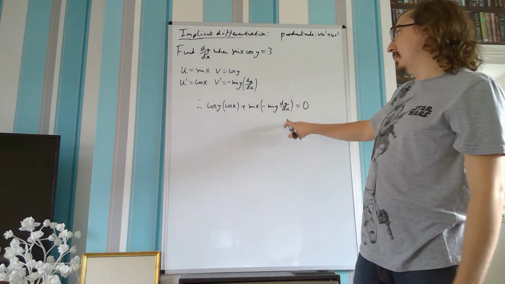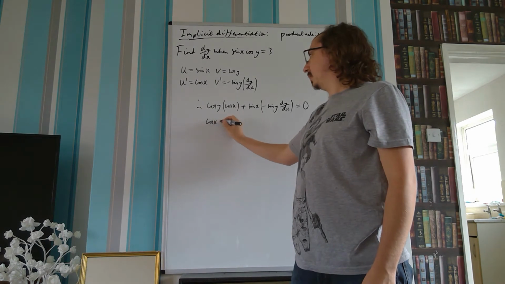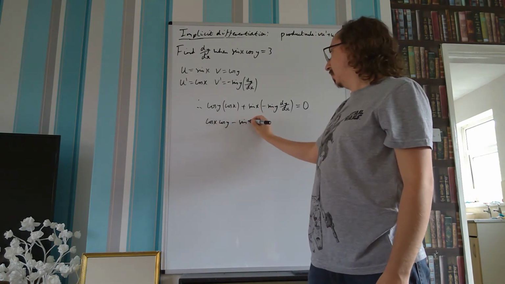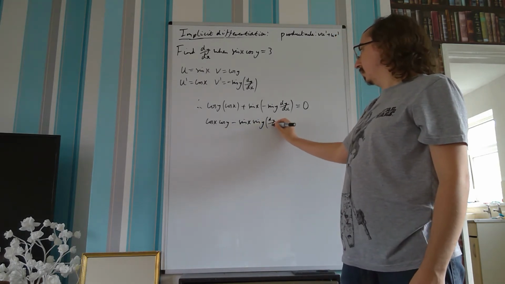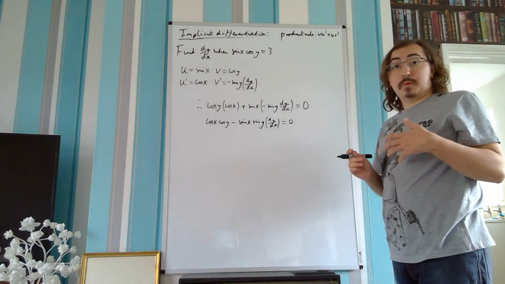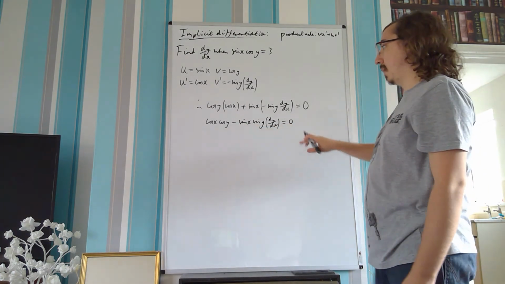So let's simplify this a little bit. We have cos x cos y minus sine x sine y times dy by dx is equal to 0. And we want to make dy by dx the subject. Well, let's move this to get rid of the minus.